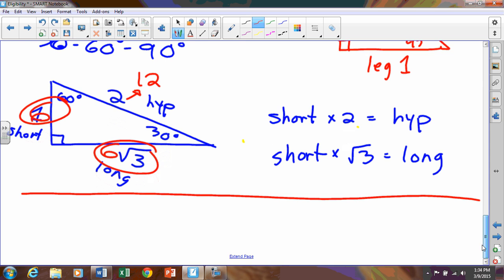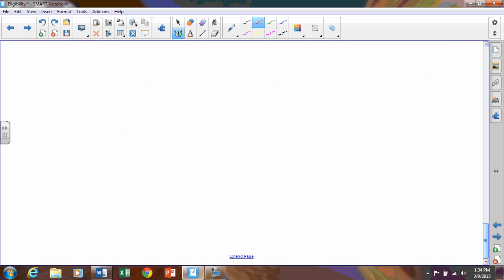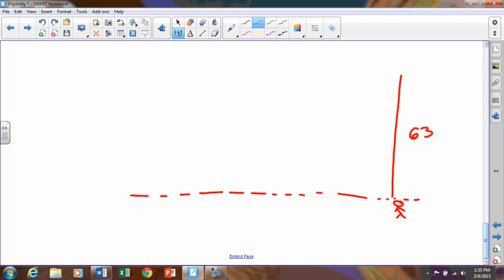Okay, so continuing from there, our next one: a diver is swimming at a depth of 63 feet. He sees a buoy floating at sea level at an angle of elevation of 47 degrees. So we've got our diver right here. We're told an angle of elevation of 47 degrees to get up to this buoy at the surface.